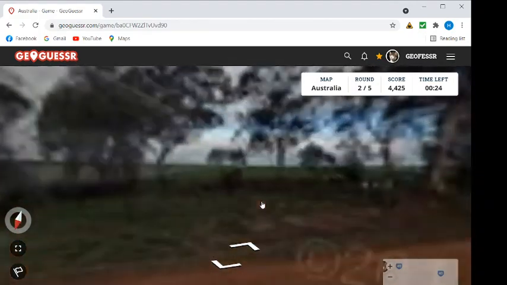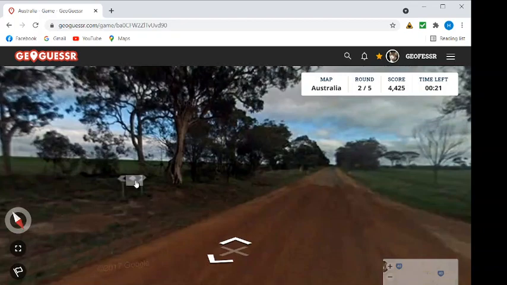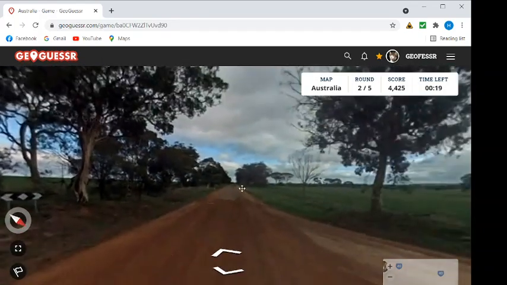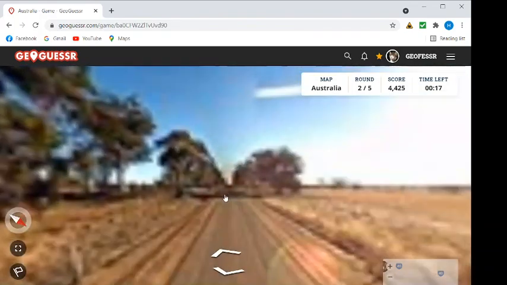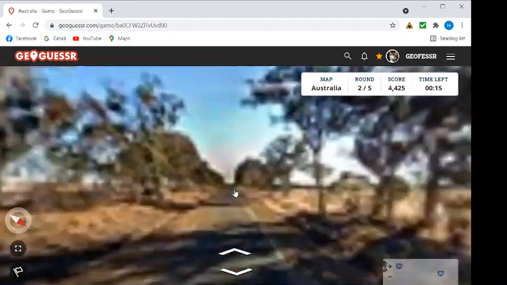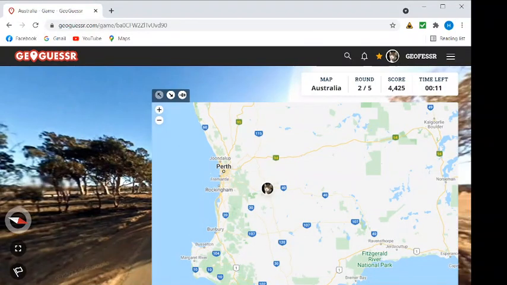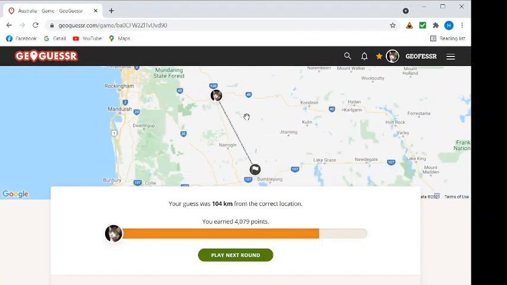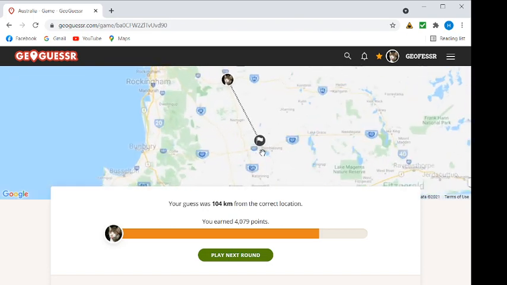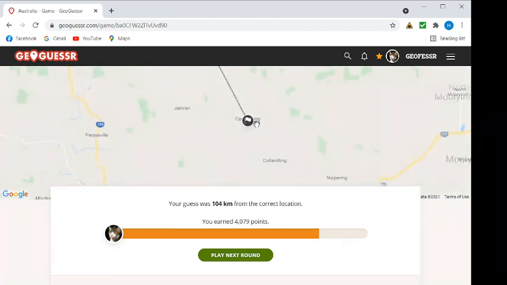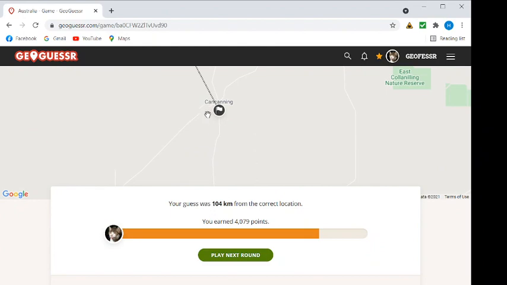Okay, and I seem to have ended up off that road. There's the Australian chevrons again. Yeah, I ran out of pavement. Okay, so it was Western Australia, yes, but deep out in the heart of nowhere, right?